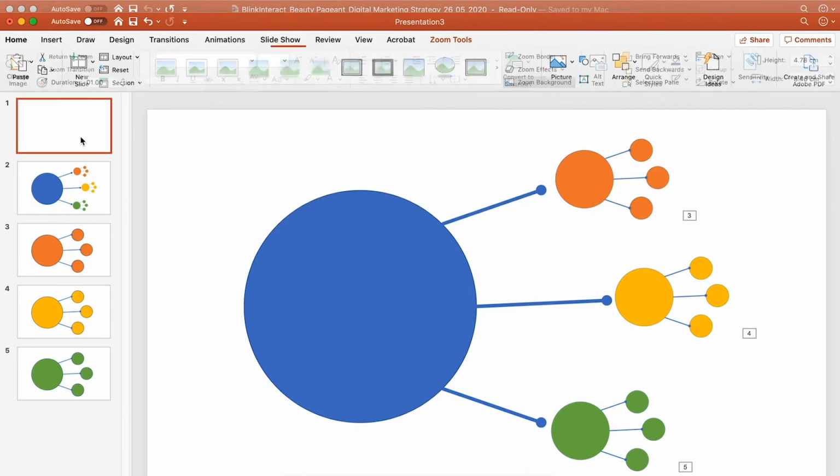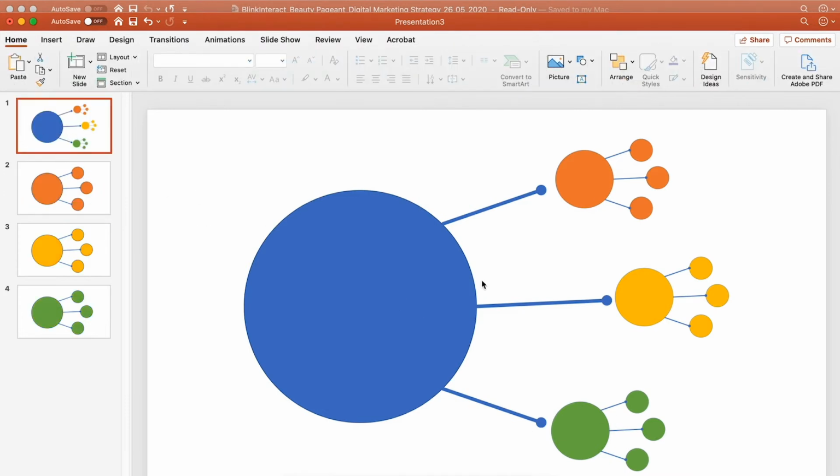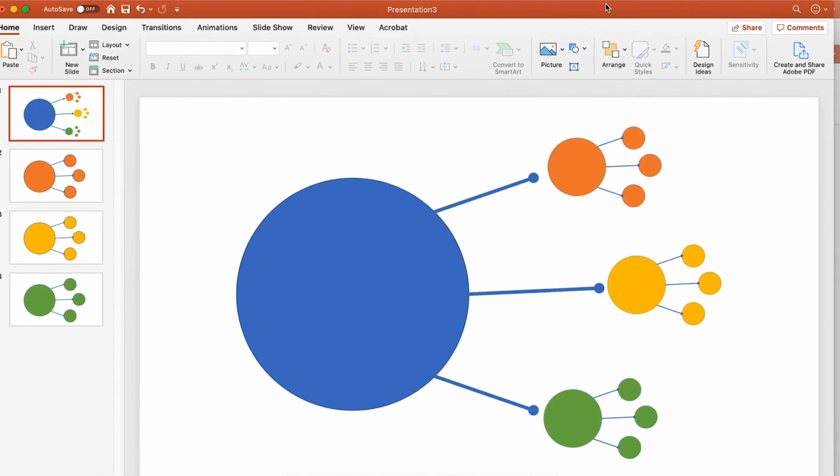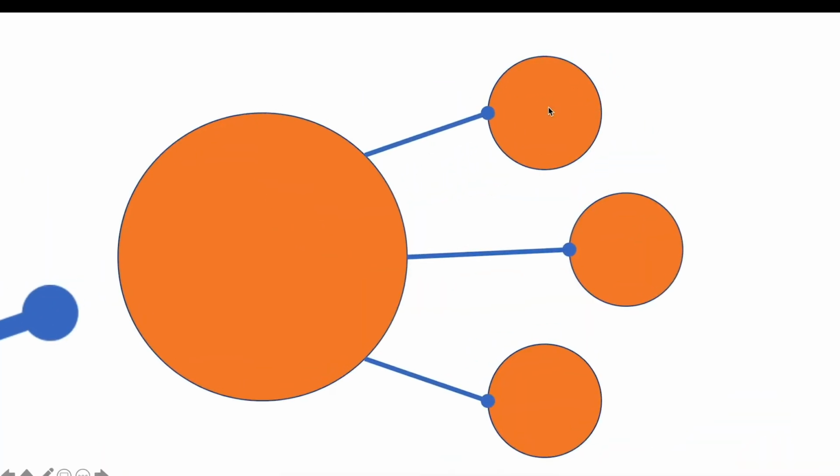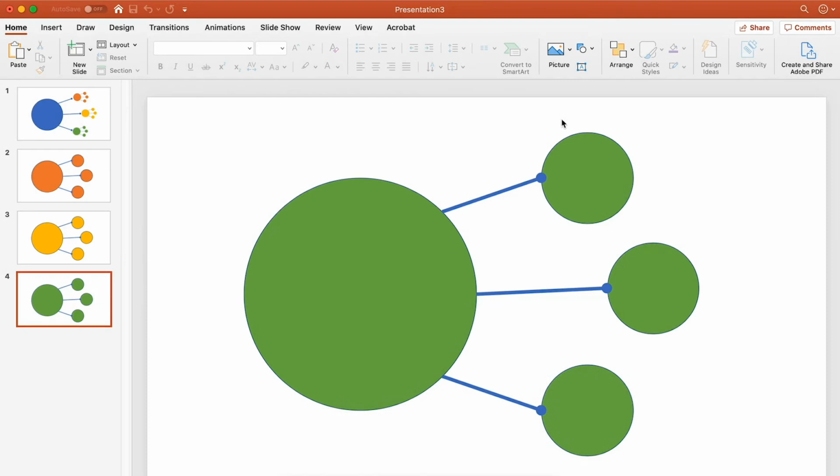Nevertheless, this still works. How does it work? Let's see. I will just play this, and you will see when I click on this, it opens up. I click, it goes to the next one. I click, it goes to the next one, and I click back, it goes and ends.